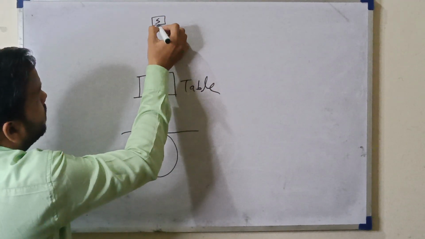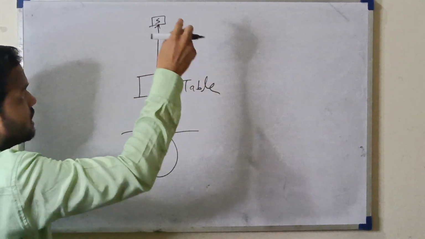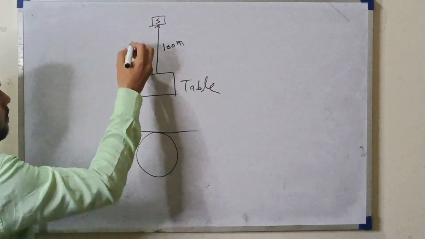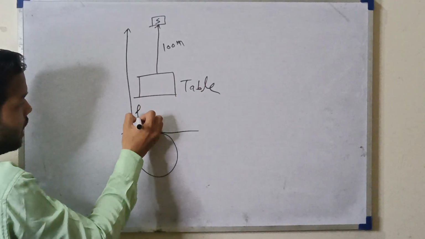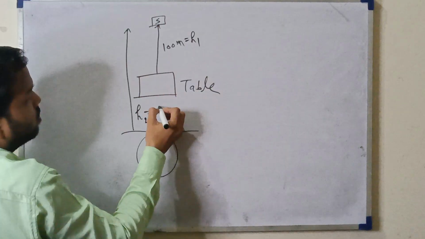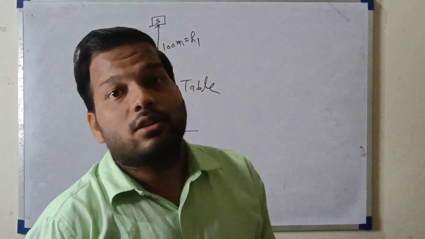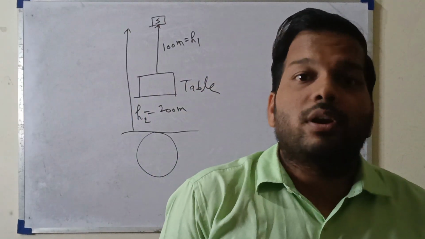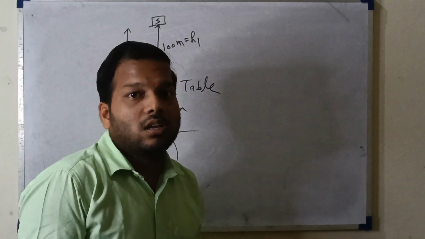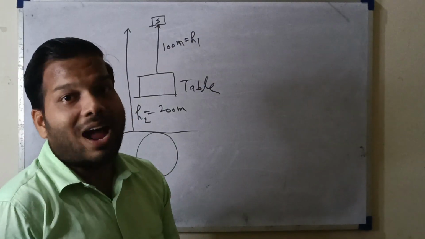The height of this object from the table surface is 100 meter, and the height of the same object from the same position but from the earth is h2, this is h1, h2 is equal to 200 meter. And suppose you have to calculate the gravitational potential energy of this object. But for this you must know from where you should get the value of height.